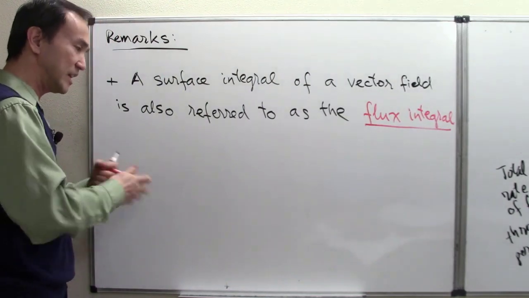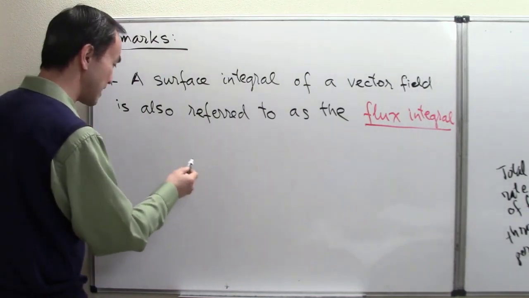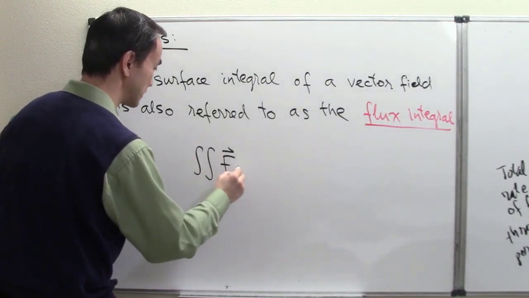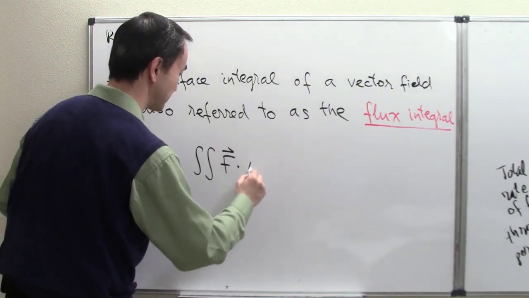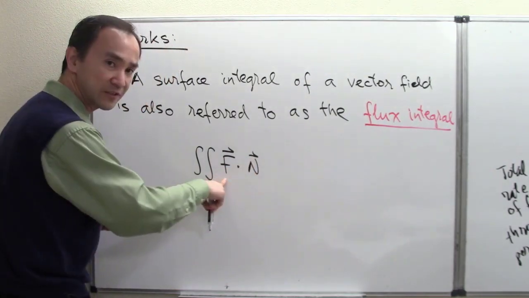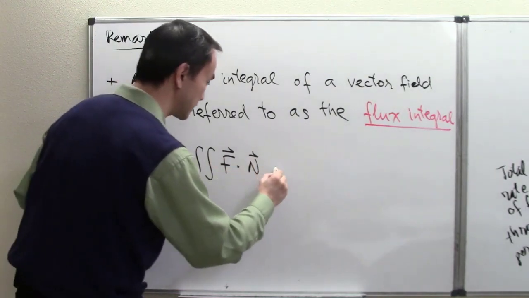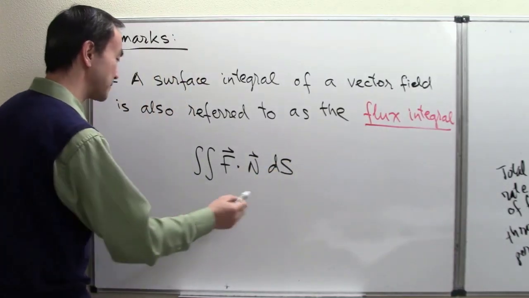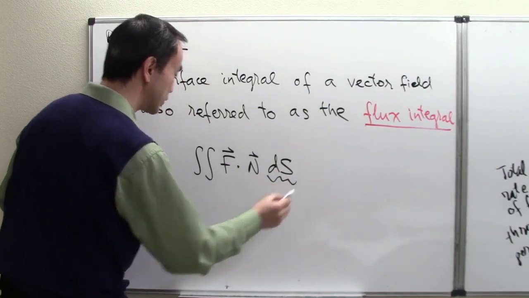And then in the end, if you're looking at a flux integral, the integrand itself is in the form of the vector from the vector field in the dot product with the normal vector at any point, and then we're accumulating all of that. This component here is easy to understand.